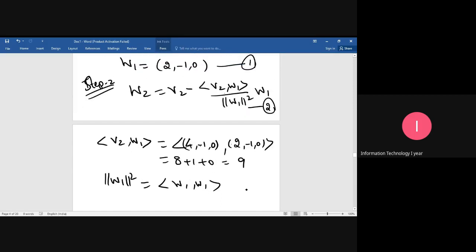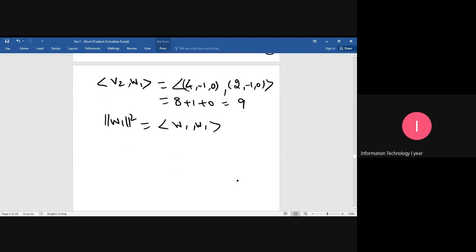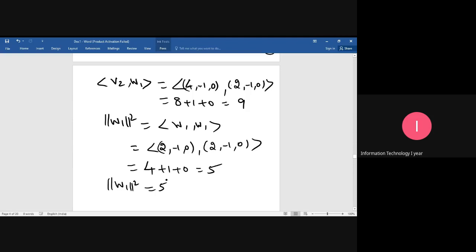Substitute W1 as 2, minus 1, 0. So the inner product of 2, minus 1, 0 with 2, minus 1, 0: 2 2s are 4, plus minus 1 into minus 1 is plus 1, plus 0 into 0 is 0. So the answer is 5. Norm W1 square is equal to 5.